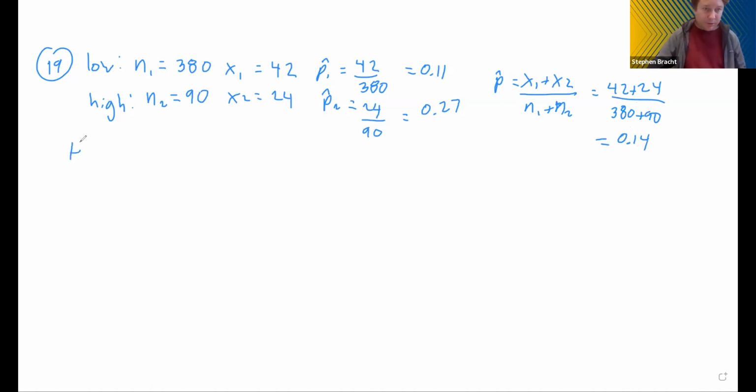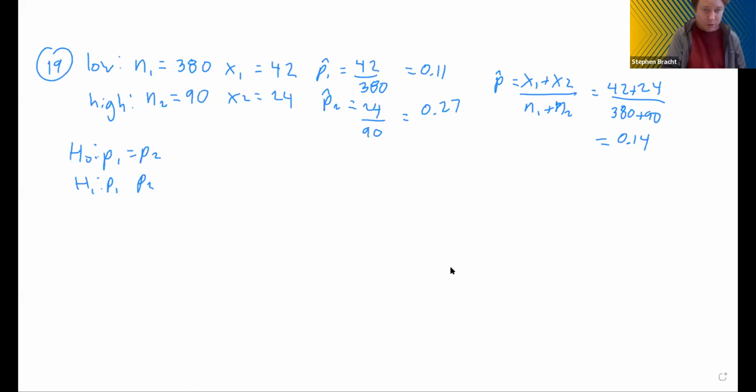Null hypothesis: we are assuming that the population proportions are the same. Alternate hypothesis: we are comparing P1 and P2. Let me go back and just read the problem real quick.